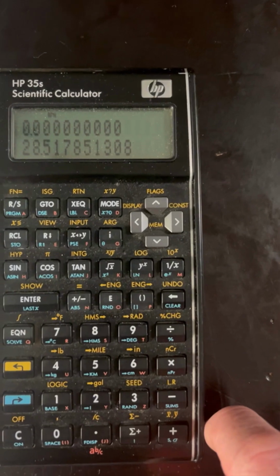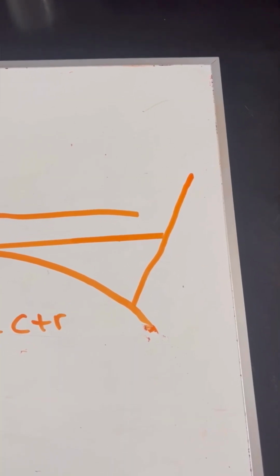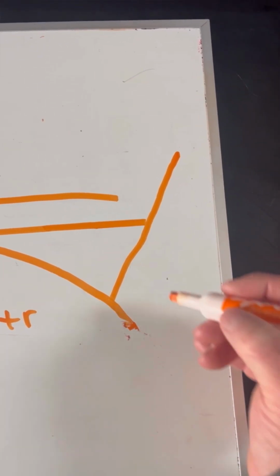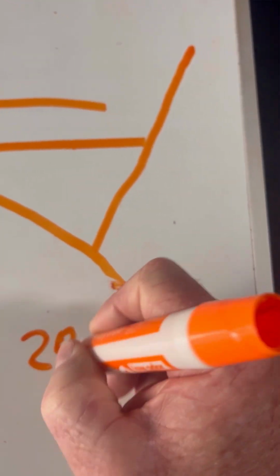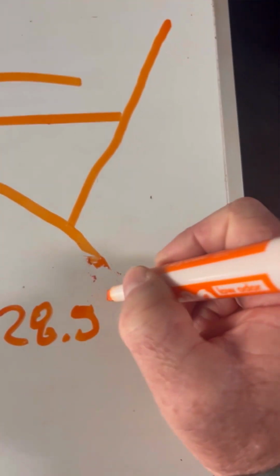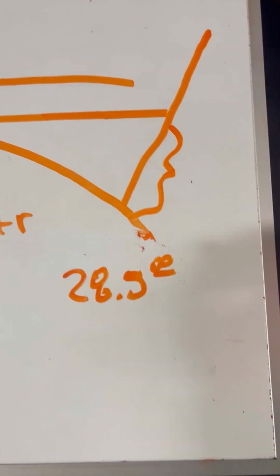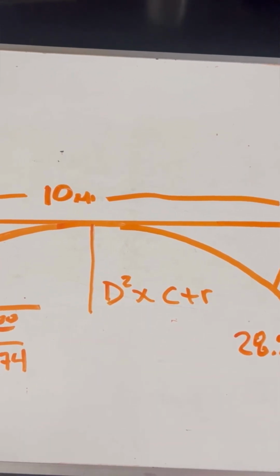So it looks like 28.5 feet. What that means is if you have a target over here, approximately 28 feet, so this distance right here, should be obstructed by the curvature of the Earth.